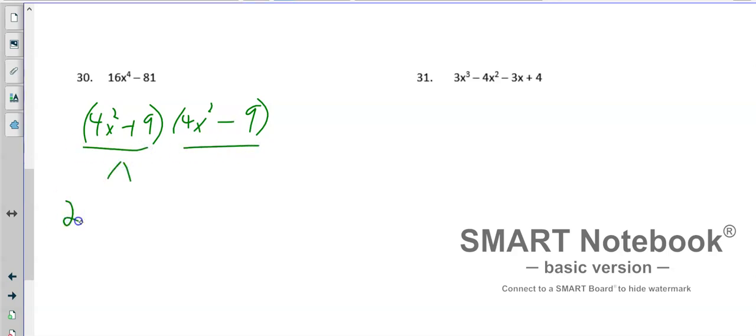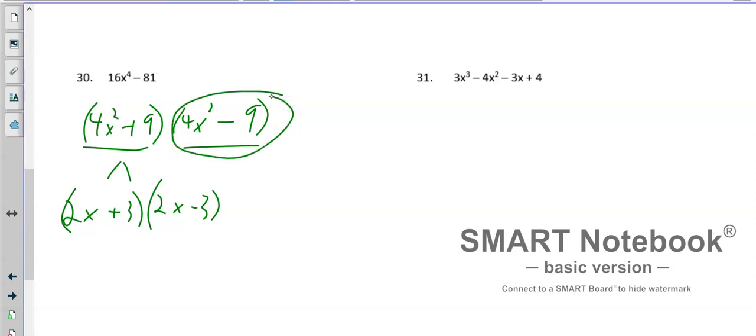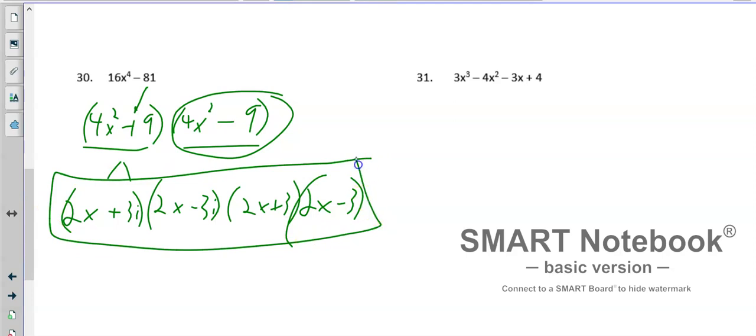So this breaks down to 2x plus 3, 2x minus 3, almost. If we did that, we would get this. So to make this plus, we need to add i. And like I said, this ends up being 2x plus 3i, 2x minus 3i. And that's it.